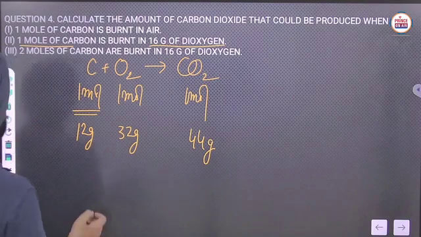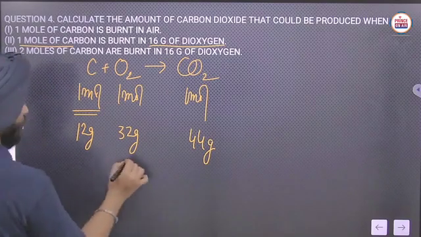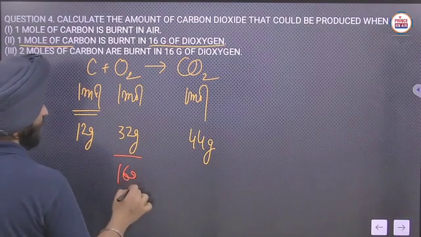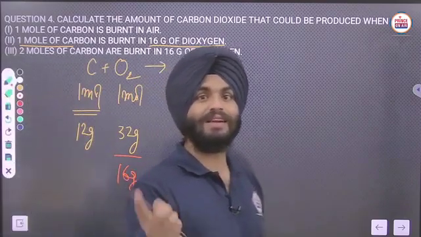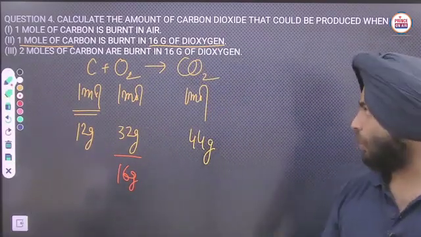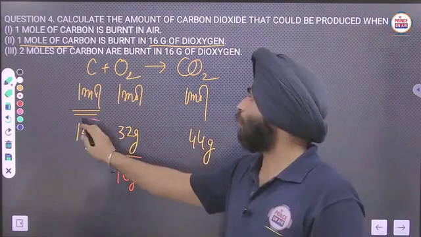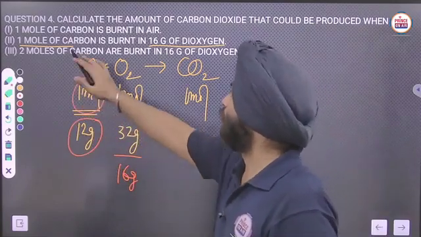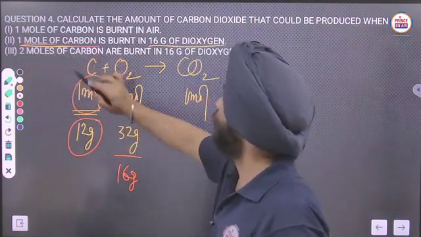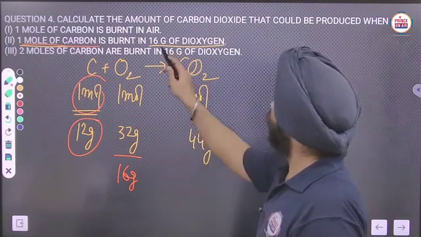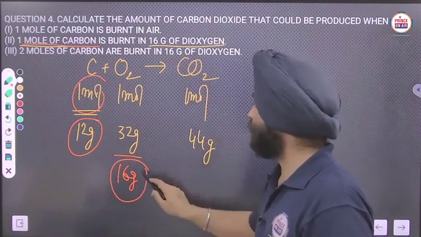But they are giving you, in place of 32, 16 gram only. Means this is in less amount. Carbon is given as 12 gram, which is 1 mole, but oxygen is 16 gram, which is equal to half mole.